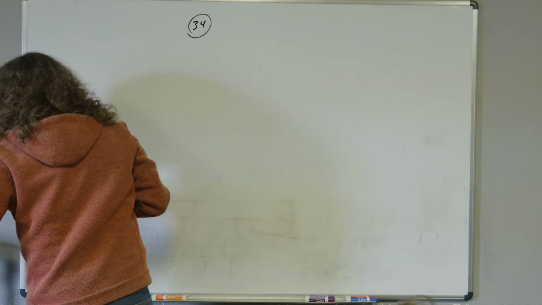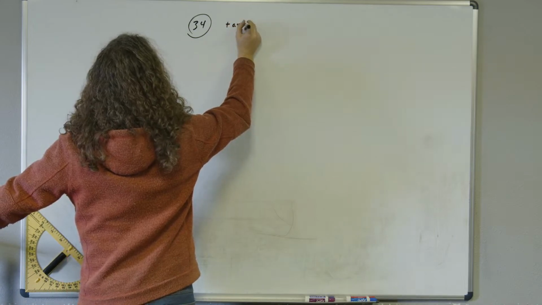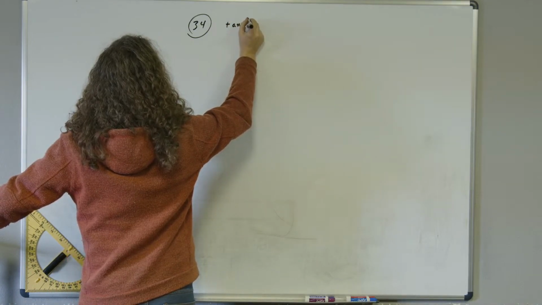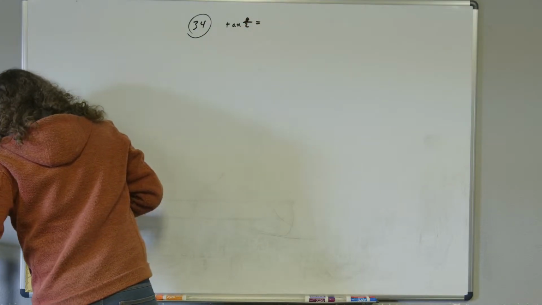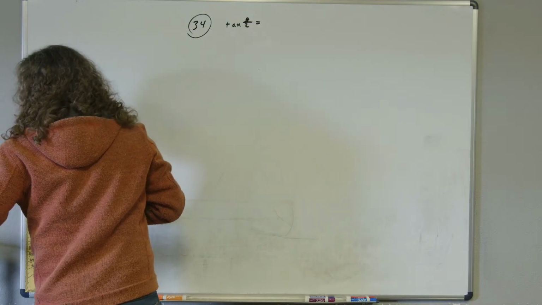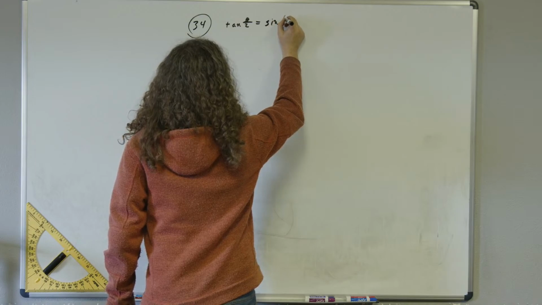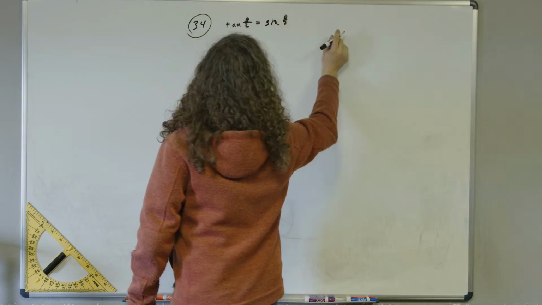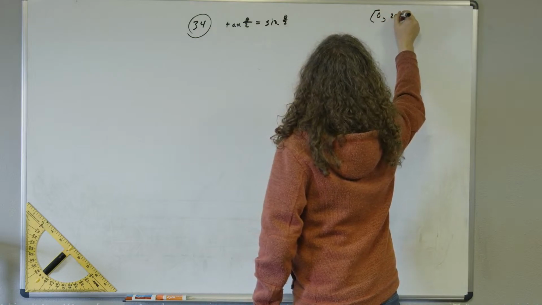34. Tangent of theta over 2, right here. Theta over 2 equals... sine of theta over 2, and we're doing it over the interval 0 to 2 pi.